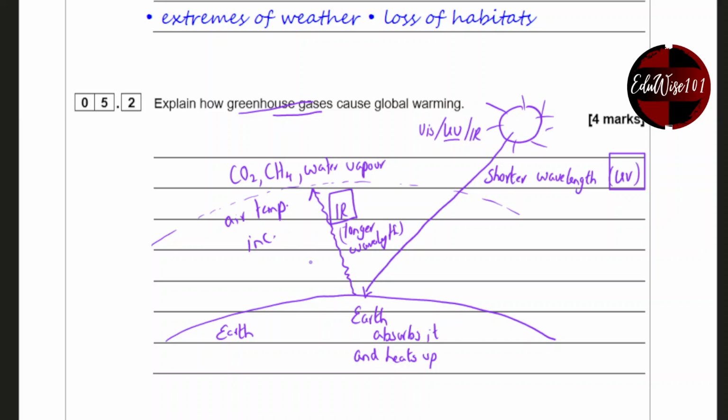So if the air temperature increases, then it feels much warmer, and that would actually just melt off the ice from the poles or from the mountain tops.